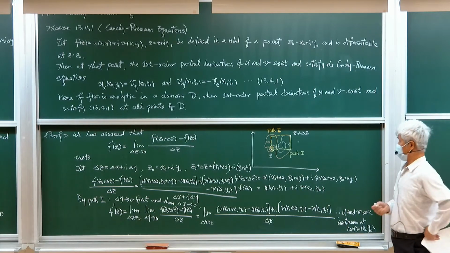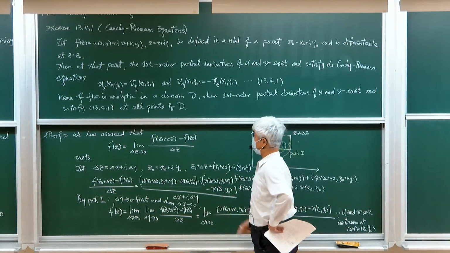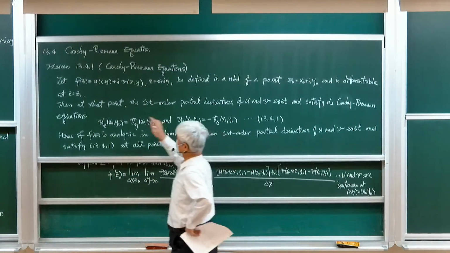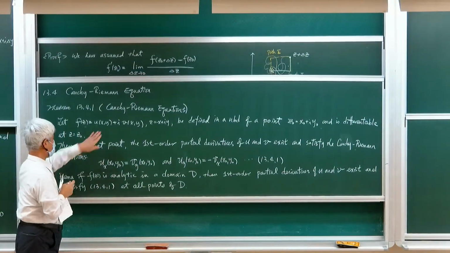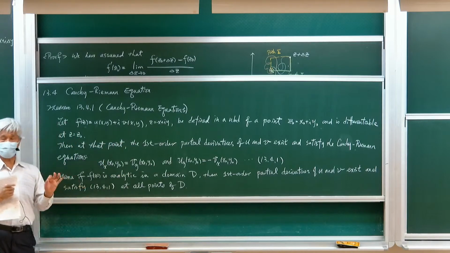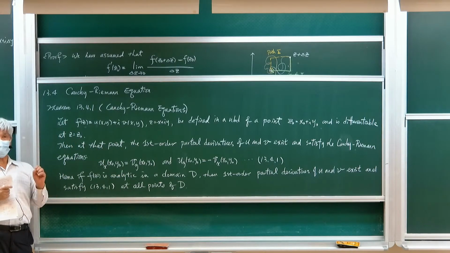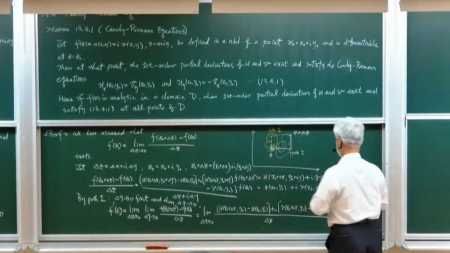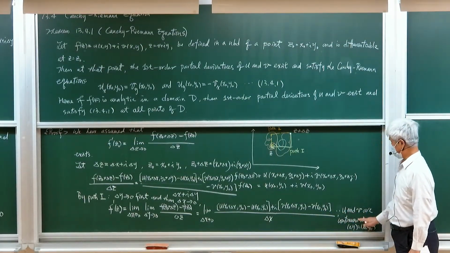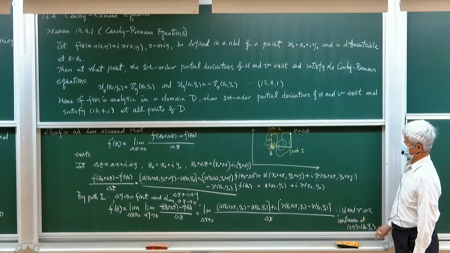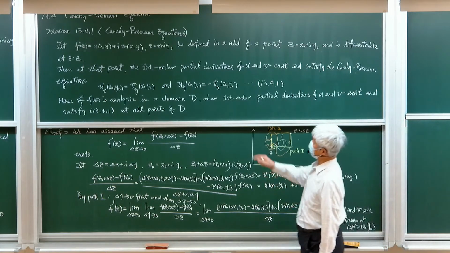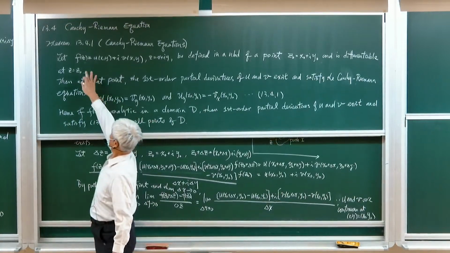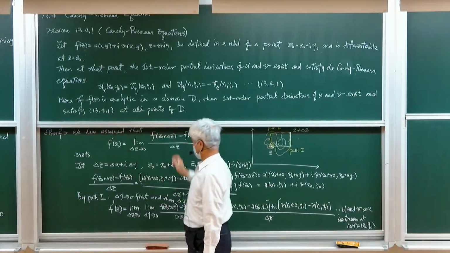And if a complex function is continuous at z sub 0, then its real part and imaginary part are also continuous at the point x0, y0. So we have used this fact, because this fact is a consequence of the complex function f being differentiable.